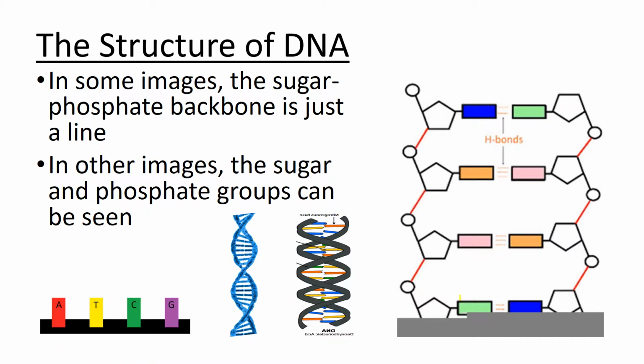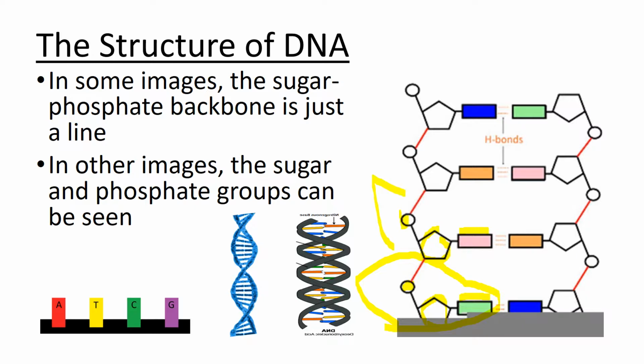If we look down here, we have a nitrogenous base, and it's a little cut off here, but we have a 5-carbon sugar, and then we have a phosphate group. This is one nucleotide right here. This nucleotide attaches to the one above it, where we have a nitrogenous base and a 5-carbon sugar and a phosphate group.